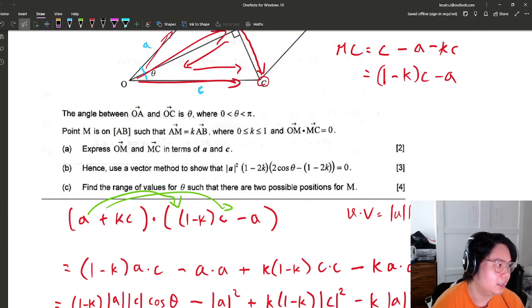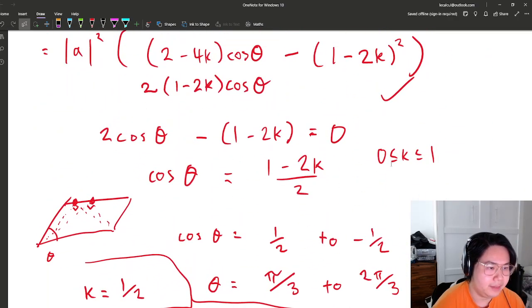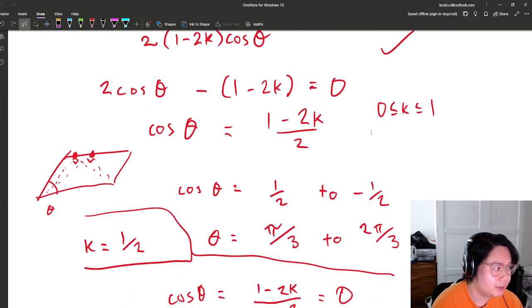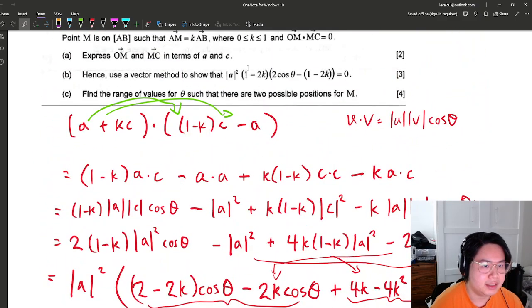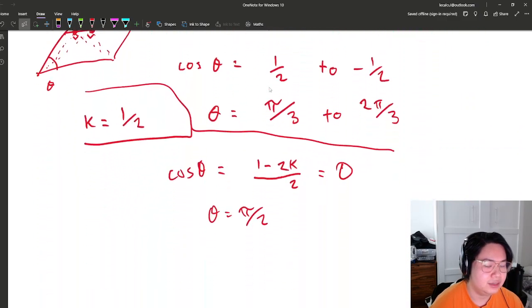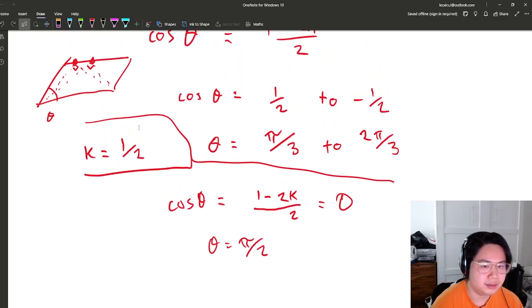In other words, we have an actual position for M. That k value doesn't necessarily need to be 1/2, because I was getting this mixed up. I thought like theta depended on k, but it's the other way around. So there you're gonna have a k value that may or may not be 1/2 that gives you a perpendicular spot. Along with that, because of this factor, it will always be perpendicular when k is halfway.